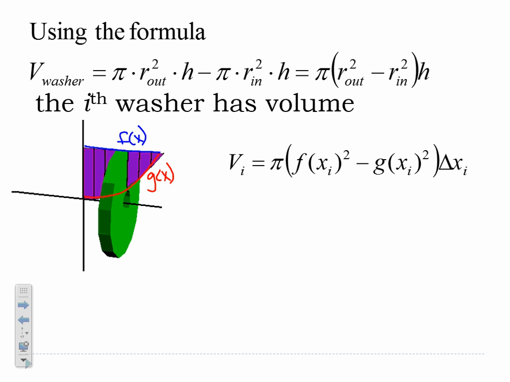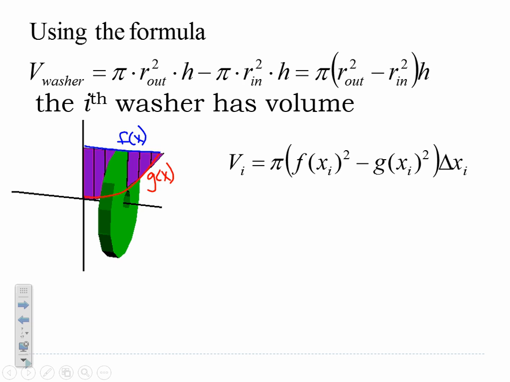Our inner radius would be our smaller function to the x-axis, okay? So that rectangle that you are going to draw is going to help you determine what your outer radius and inner radius are, okay?